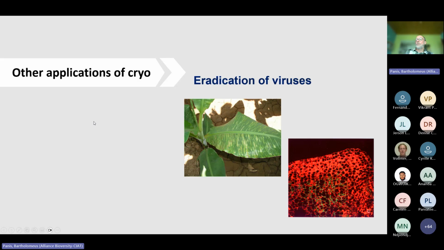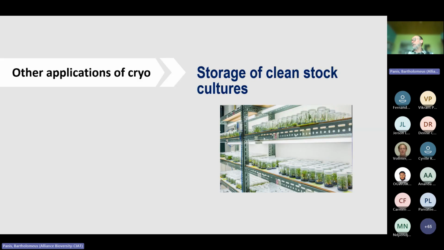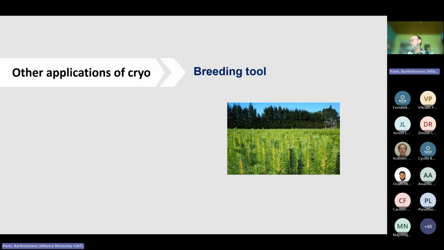We can also use cryopreservation to eradicate viruses, and this is then called cryotherapy. It can also be applied as a kind of breeding tool. For example, in conifers, you do some crossing, some hybridization, and these small embryos can then be cryopreserved, and later on, when it seems that this specific cell line is a good one, you could use it.